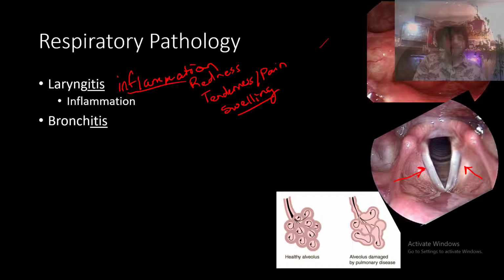Bronchitis, again, our friend inflammation. When you have inflammation of the bronchi or bronchioles, here's your bronchus, and here it is normally. Inflammation causes that swelling and reduces the diameter of the airway.